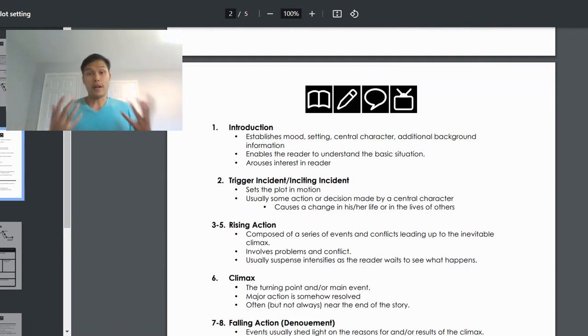The first one is introduction. Introduction establishes the mood, setting, characters, and additional background information that we need to know. It enables the reader to understand the basic situation and it arouses their interest. It's like those movies like, let's say, Avengers.